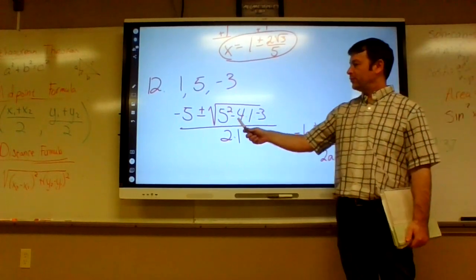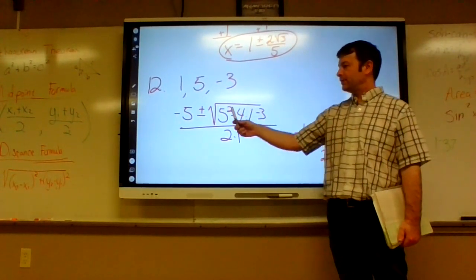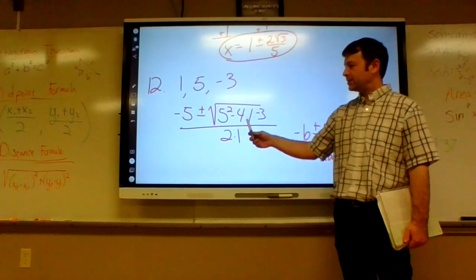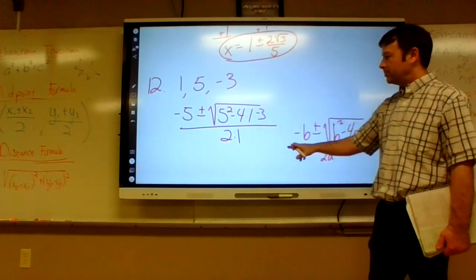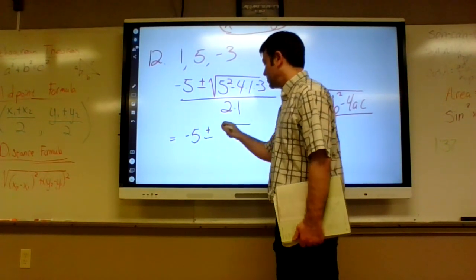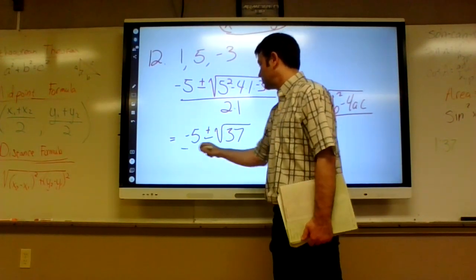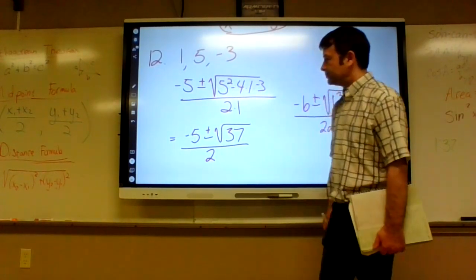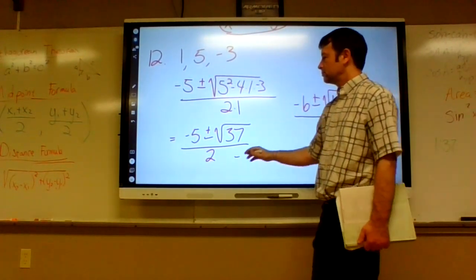Negative 4 times negative 3 is positive 12. 25 plus 12 is 37. So I got negative 5 plus or minus the square root of 37, over 2. That seems correct.